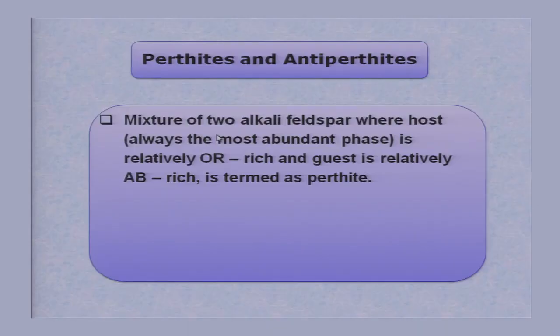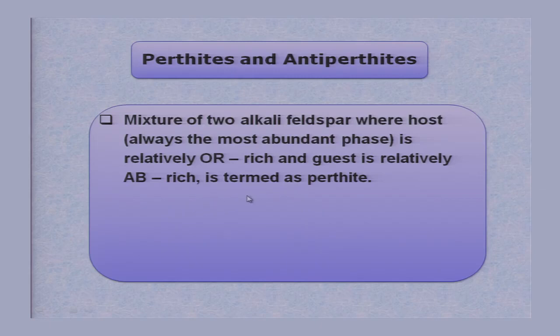Now, I am coming to another variety of texture which is called perthite and antiperthite, or perthitic or antiperthitic textures. What is perthite and antiperthite? Perthites are mixtures of two alkali feldspars where the host, always the most abundant phase, is relatively orthoclase rich, and the guest is relatively albite rich.